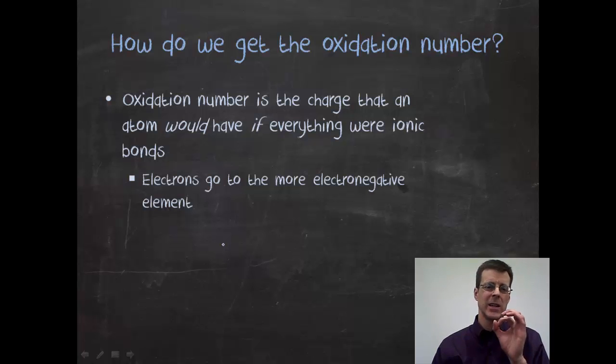So again, we're not changing the bonds, we're not doing anything like that. This is just an electron bookkeeping kind of thing where we say if we had to split the electrons and it wasn't a share, what would happen? Well, the electrons would go to this atom. Okay, so we'll work out oxidation numbers that way.